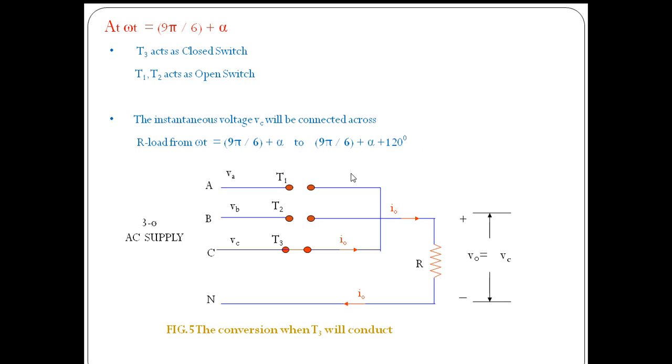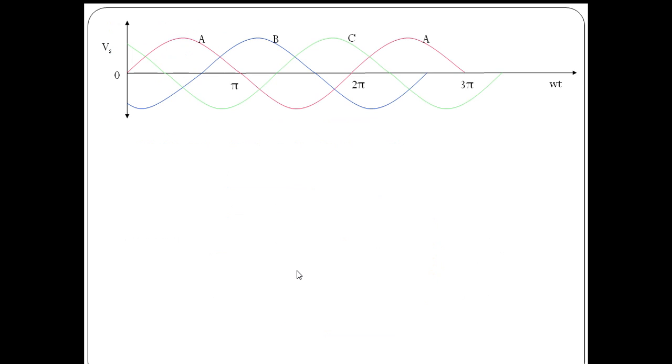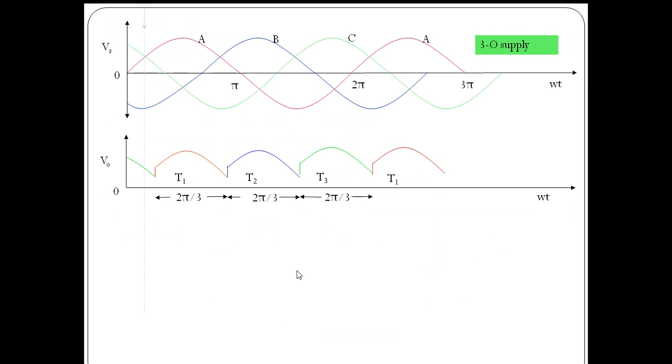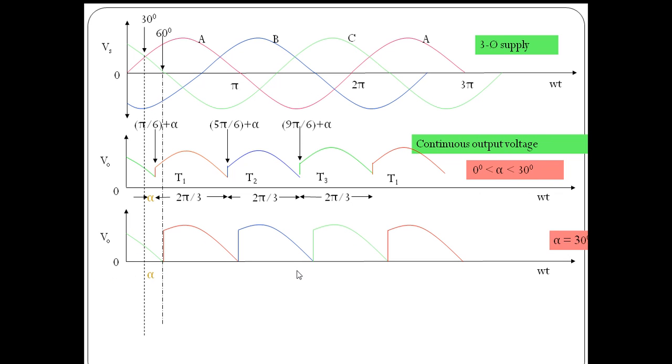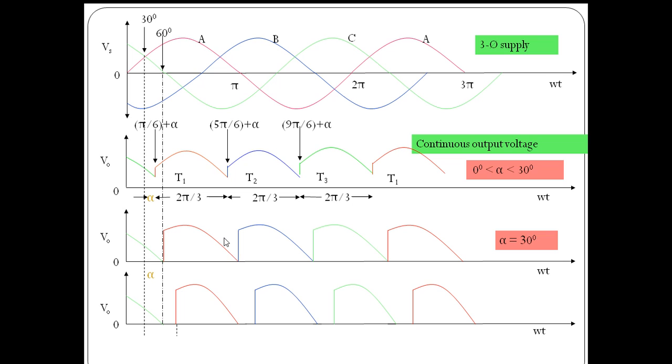So for these 120 degrees, thyristor T3 will be in conduction. We are observing the load voltage, which is equal to the phase C voltage. So this is the waveform representation of the output voltage for a three-phase half-wave controlled converter using R load.